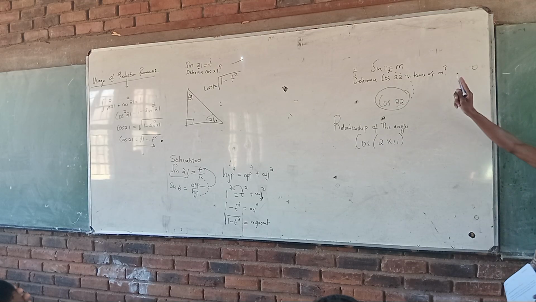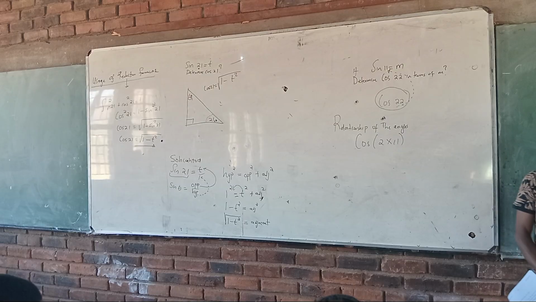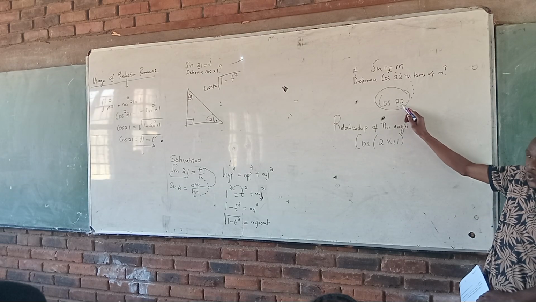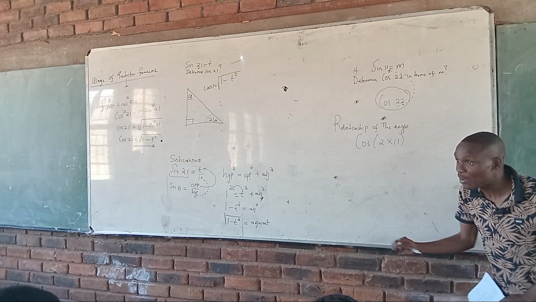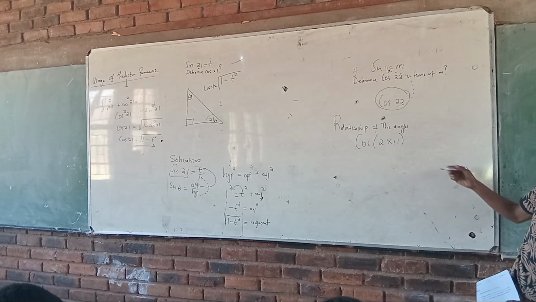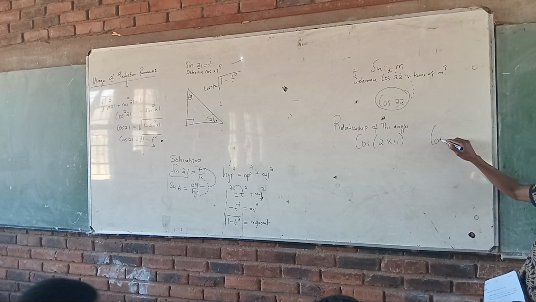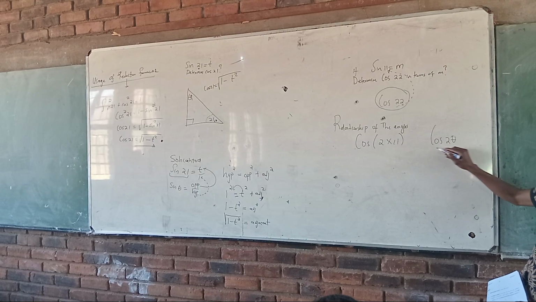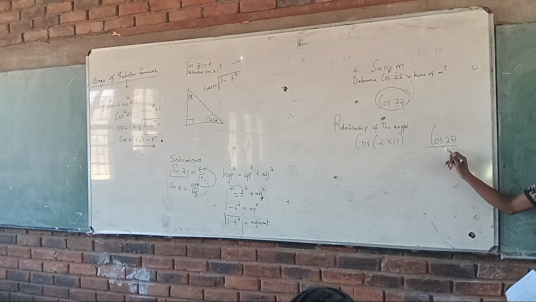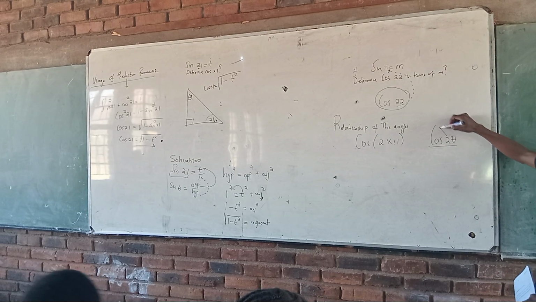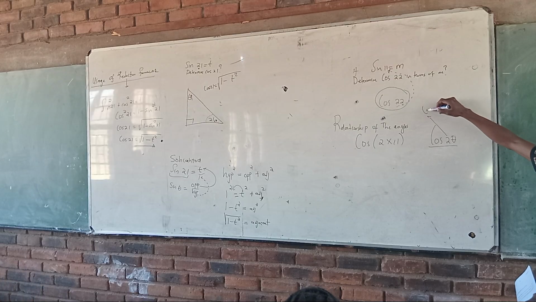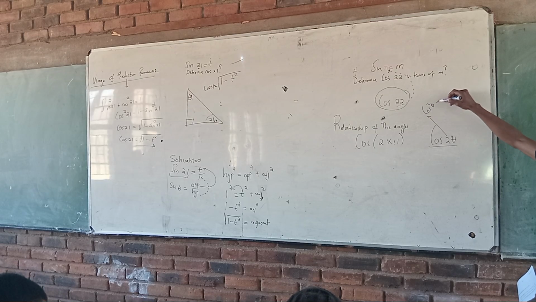You use the 11 which has been given. Again, you just say 22 is 11 twice. So it's 2 times 11. It means now we have cos 2 theta. Cos 2 theta is a double angle. Again, it's a double angle of cos. And guys, cos 2 theta is equal to cos squared theta minus sine squared theta.